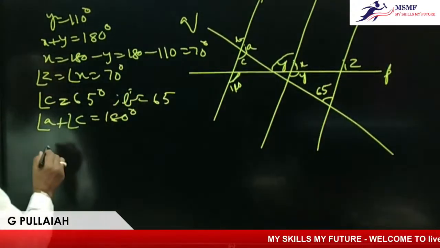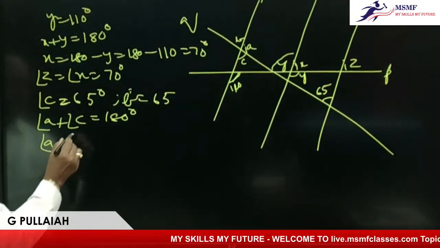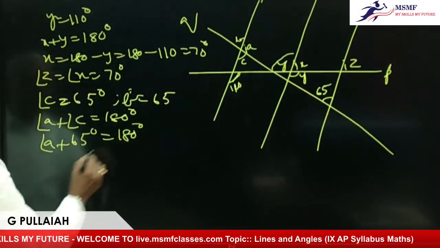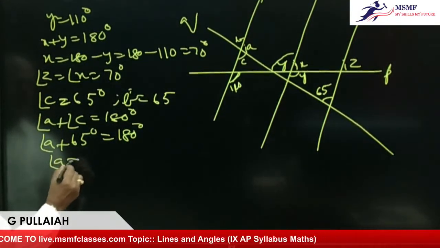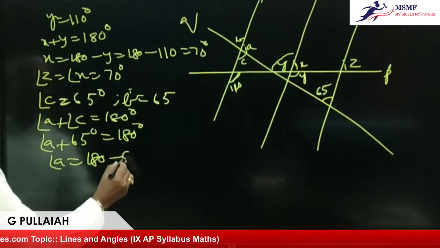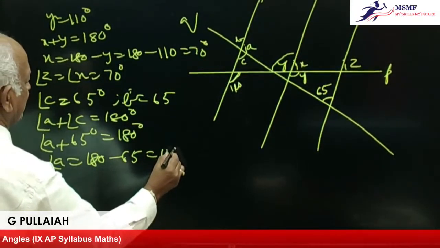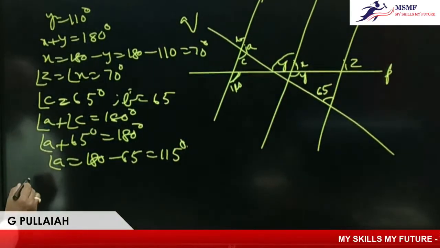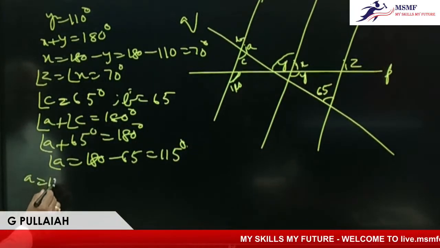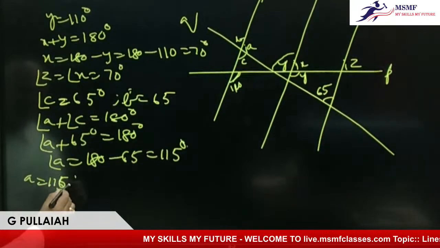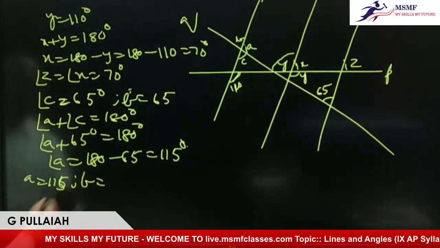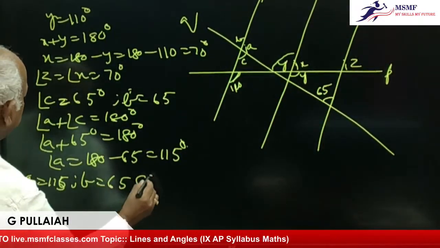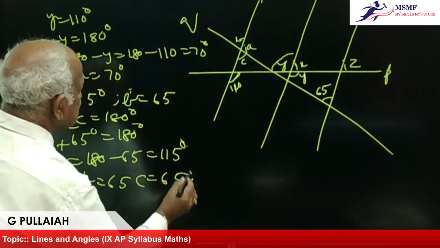So angle A plus 65 degrees is equal to 180 degrees. Angle A is equal to 180 minus 65, that is 115 degrees. So A is equal to 115, B is equal to 65 and C is also equal to 65.